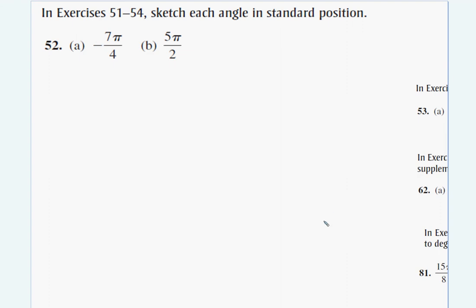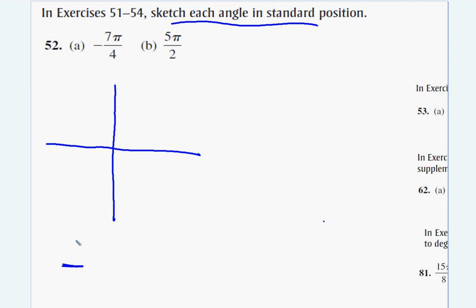Okay, 52, it says sketch the angle in standard position. So I'm going to draw my xy axis, and my first one is negative 7 pi over 4. I like to convert these into mixed numbers, so that's going to be the same as negative 7 divided by 4 is 1, and then a remainder of 3 makes it 1 3/4.